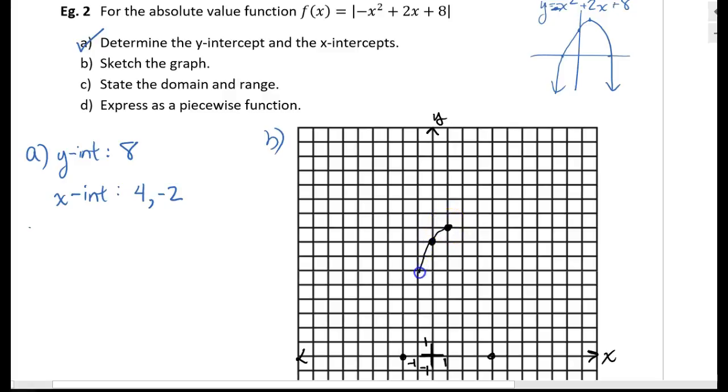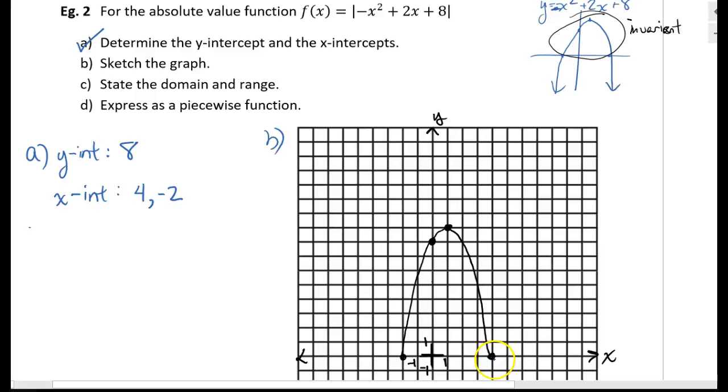And so all of this is going to be invariant. All of this is going to be invariant as well. Now I know that because it's already positive in my parent function. But what happens at my critical point?